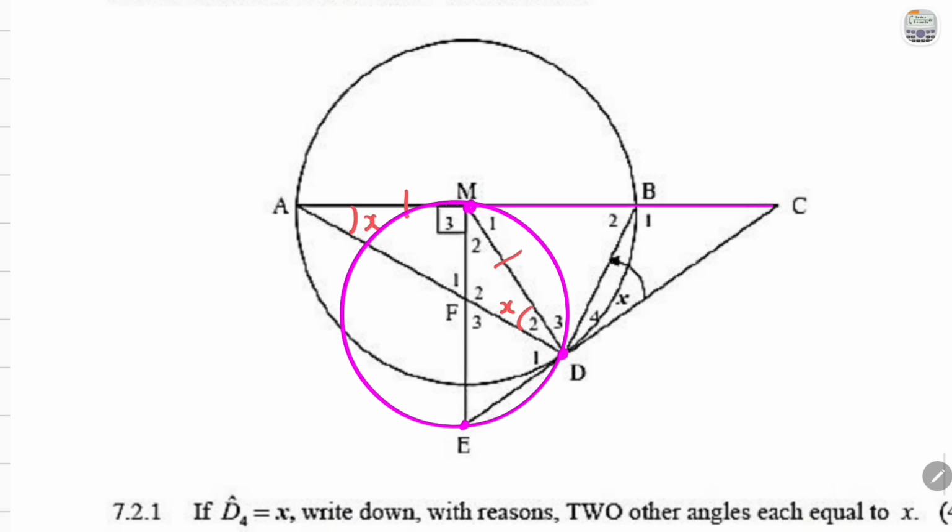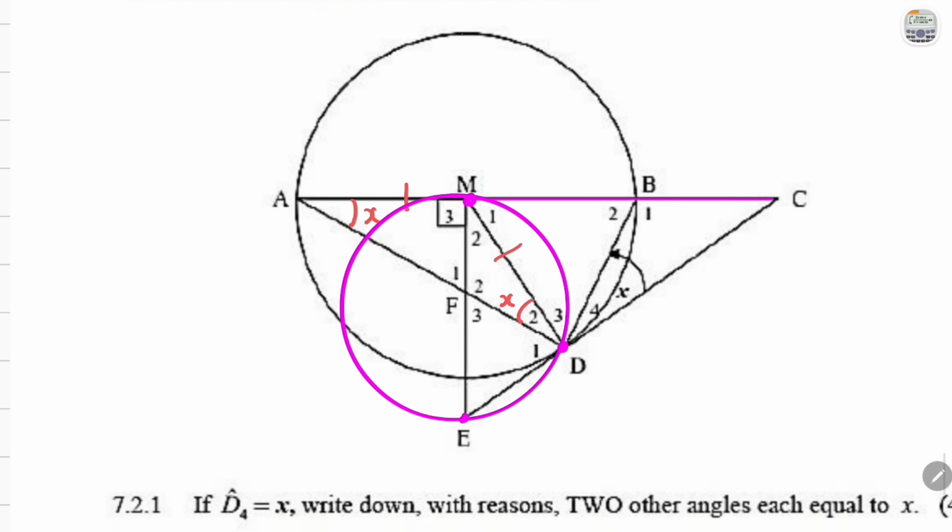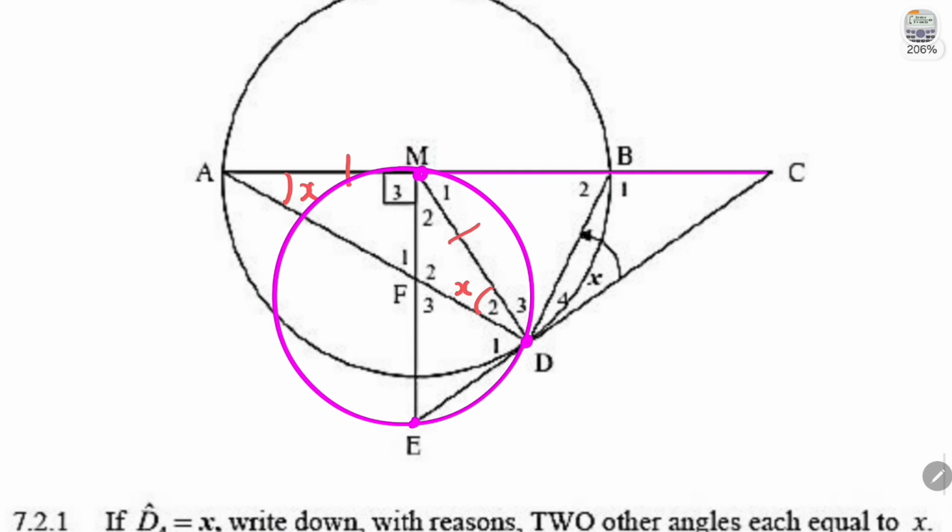Okay, so to prove that MC is a tangent to this circle, look at what we can do here. Because we don't really have a center in this purple circle, what we can do is use the tan chord theorem. If the tan chord theorem is true in this scenario, it would make this a tangent.